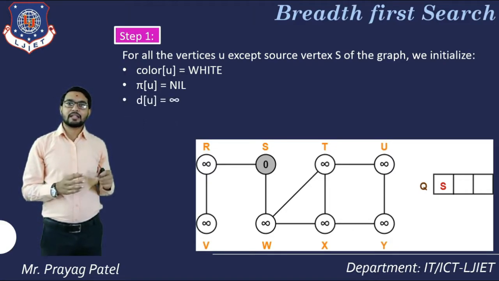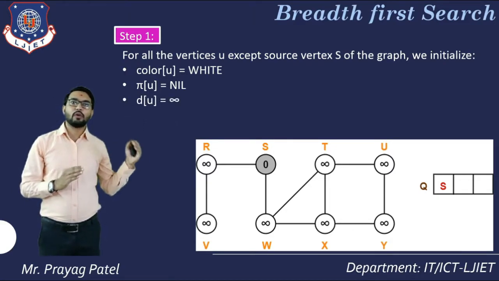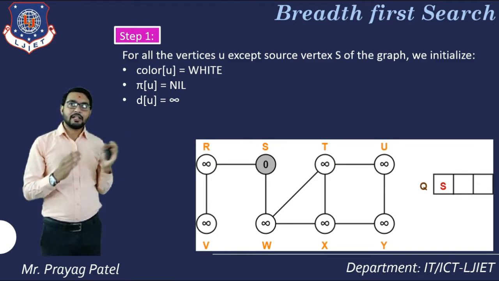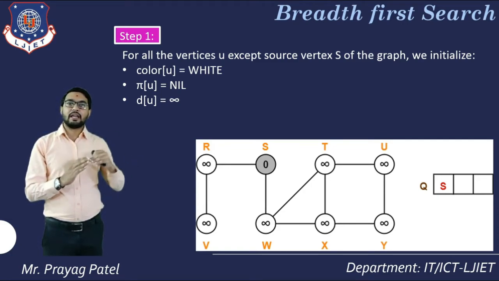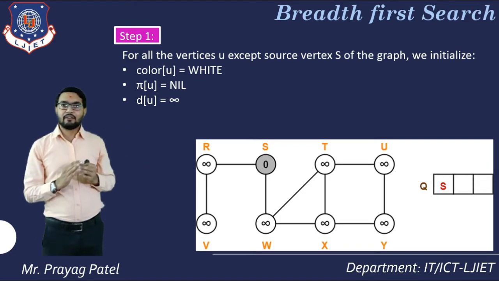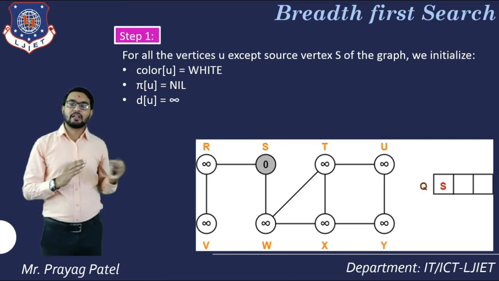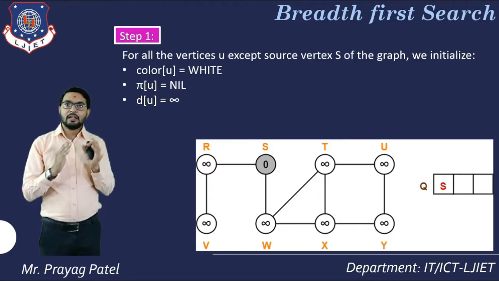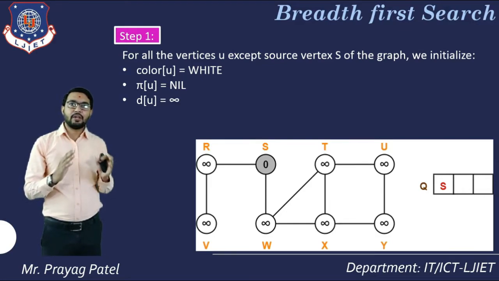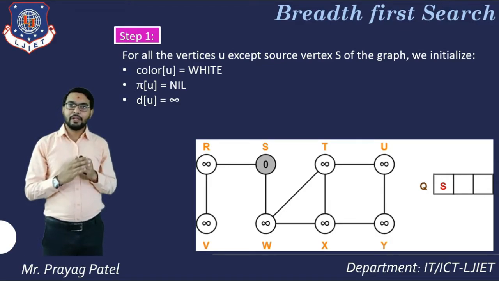Now consider the next, d of u equal to infinity. Here d of u means the node distance. The root node has distance 0, then the next level is distance 1, then the next level distance 2, then distance 3, and so on. Initially each and every node has distance equal to infinity.